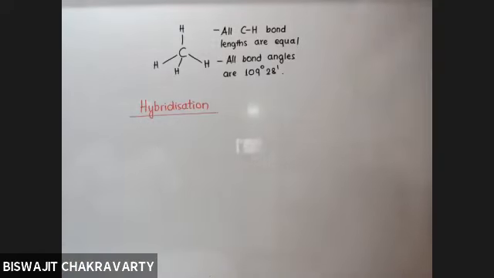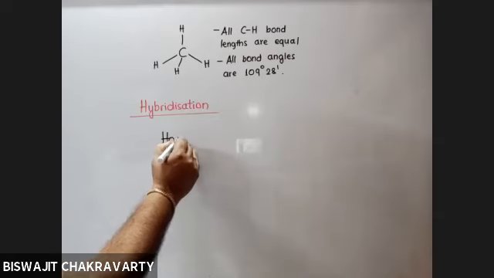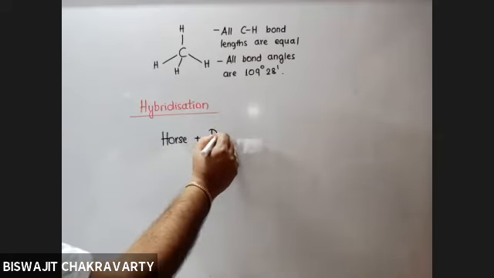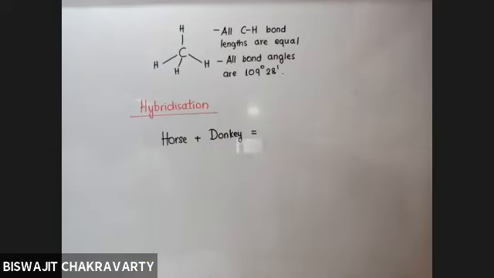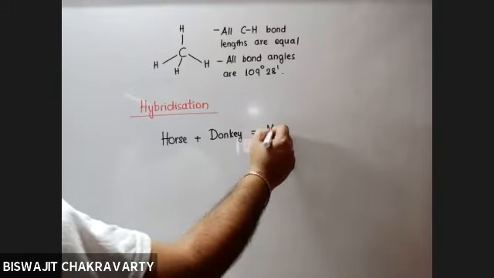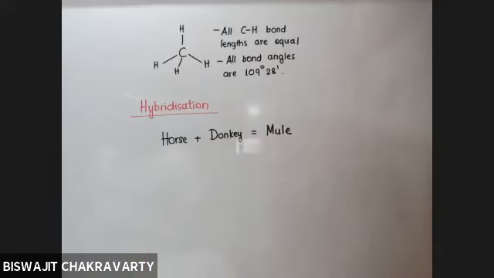Now, this term hybridization is generally a common term used in biology, in animal husbandry, or even in botany. When you want to get better quality crops or better quality animals, we do hybridization of two different species. Say, for example, a horse is crossbred with a donkey. Do you know what the product is named? Mule, very good. Now, why is this hybridization of horse and donkey done?